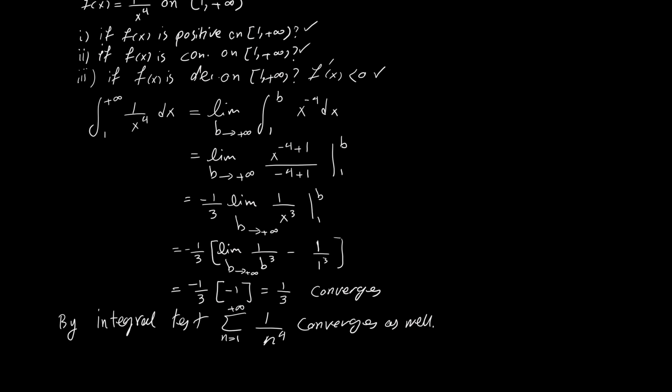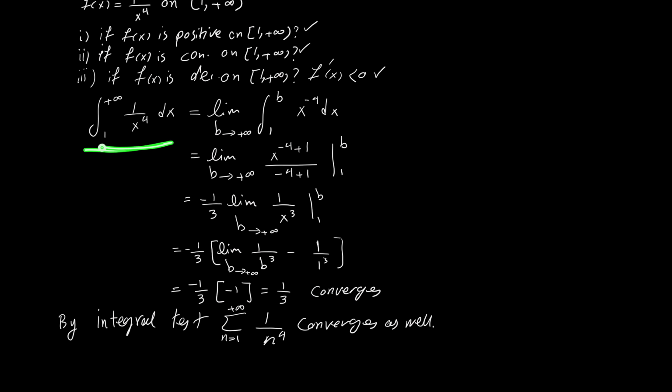The answer is no. When we use the integral test, we just conclude that the behavior of the integral, if it converges, is the same as the series and converges. If the integral diverges, then we conclude that the series diverges.